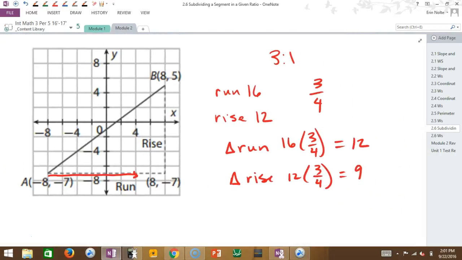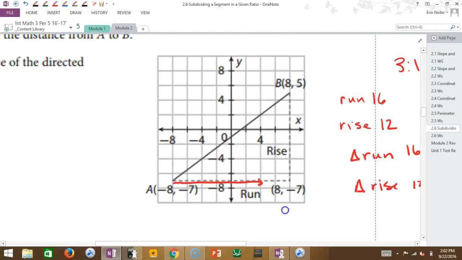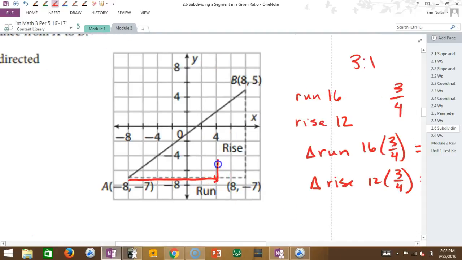Then I'm going to rise 9 units. What is my 9 going by? It's also going by 2s, but this is like 1. So this is going to be 9 units right here.